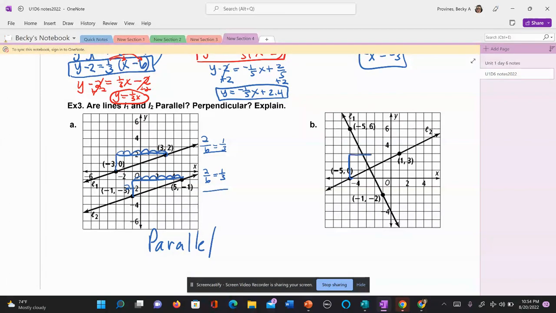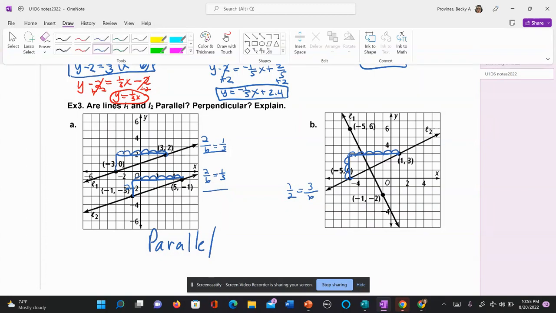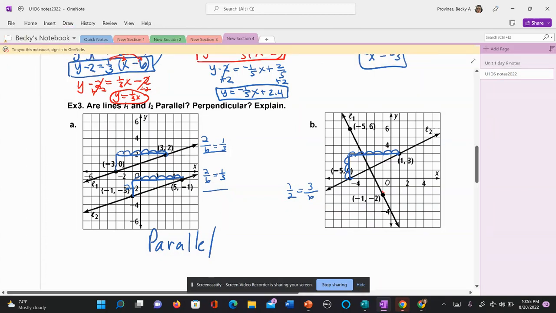Okay, so I'm going to count up and over. So up 1, 2, 3, over 1, 2, 3, 4, 5, 6. And this simplifies to a half. So let's do the next one. Up and over. 1, 2, 3, 4, 5, 6, 7, 8. 1, 2, 3, 4.